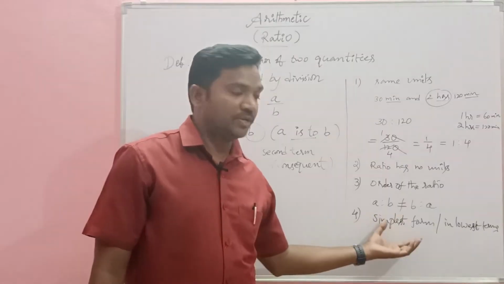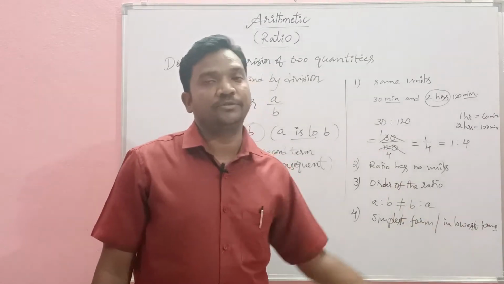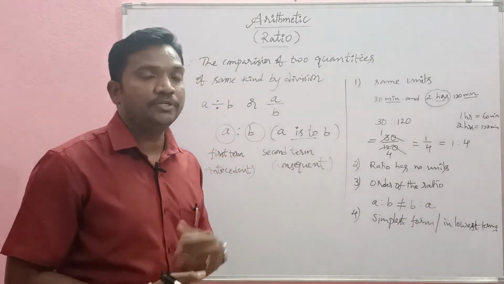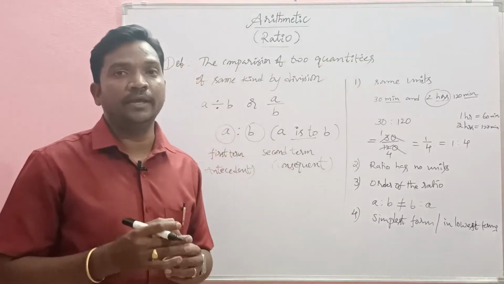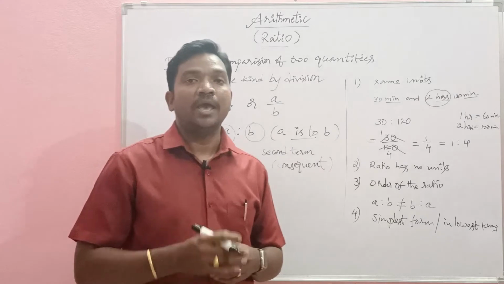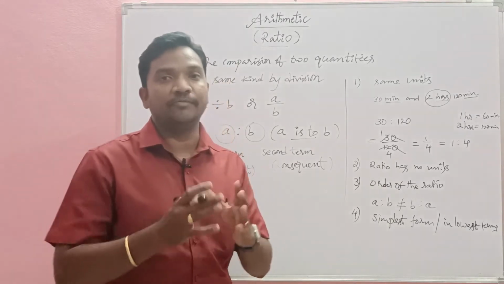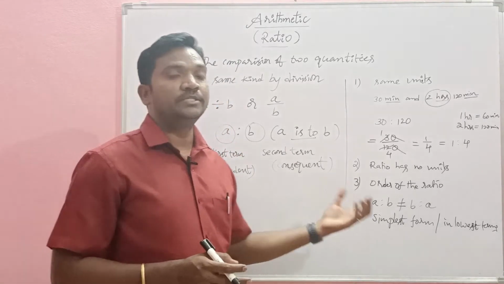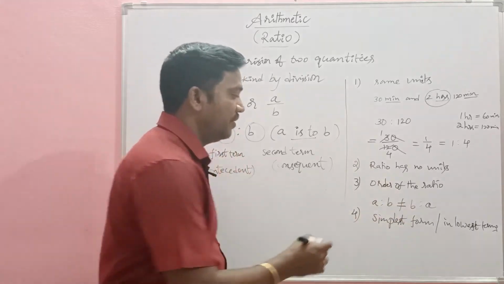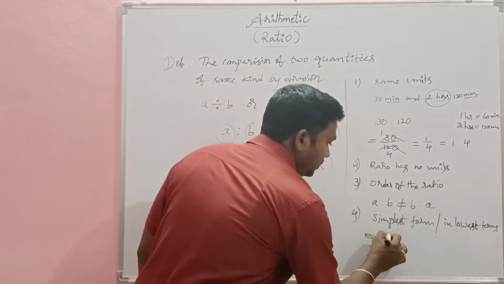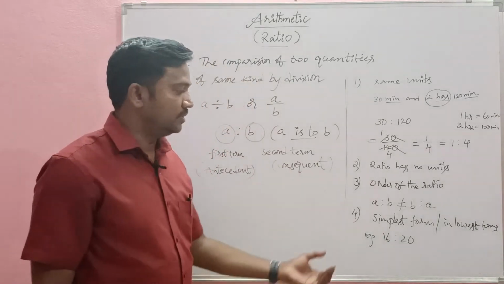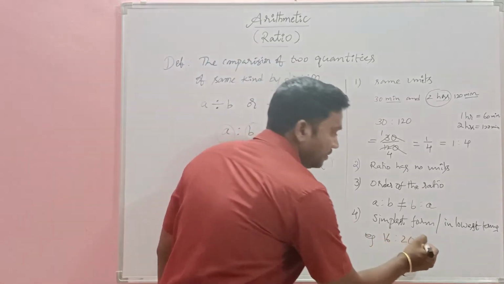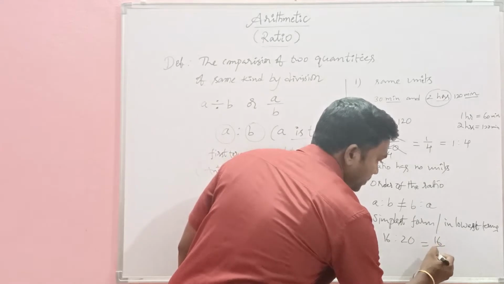What is meant by simplest form or in lowest terms? A ratio is said to be in its simplest form if its antecedent A and consequent B have no common factor other than 1. For example, 16 is to 20. This is not in its simplest form.